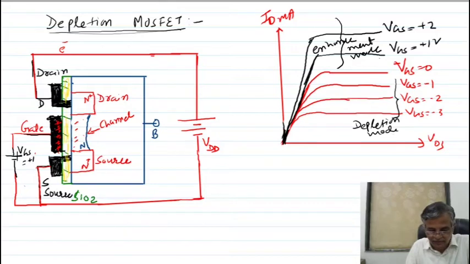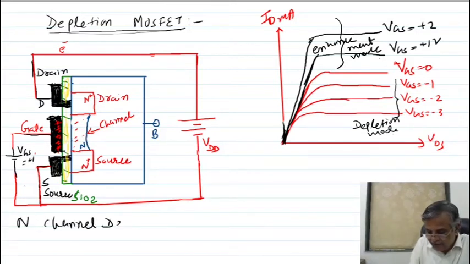So remember, when VGS is equal to 0, current will flow. When VGS is made negative, current decreases. When VGS is positive, current increases. This is for the N channel depletion type MOSFET.